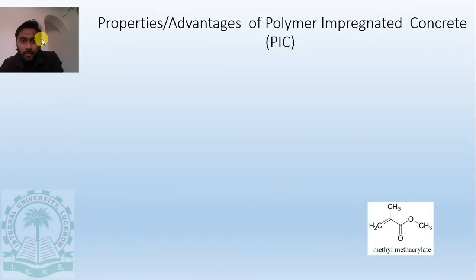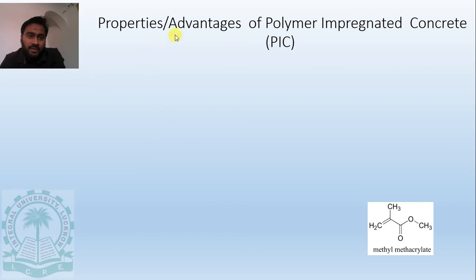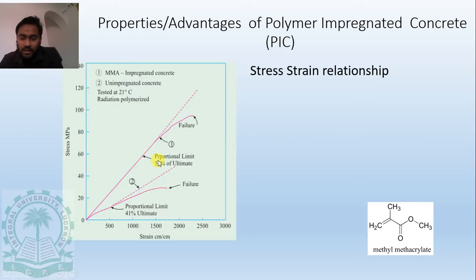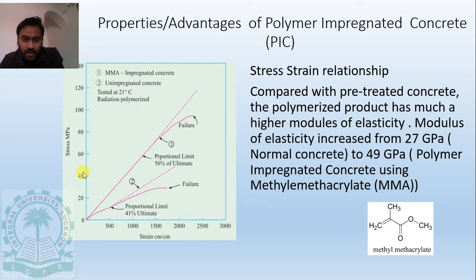Now the properties, or we can say advantages, of PIC. This is the structure of MMA. The first thing we will discuss is the stress strain relationship. If you see this curve, the first one is MMA impregnated concrete, concrete in which this polymer has been loaded, and the second one is normal concrete.